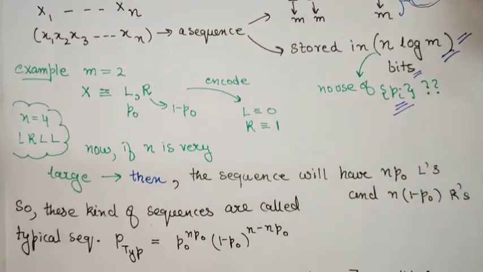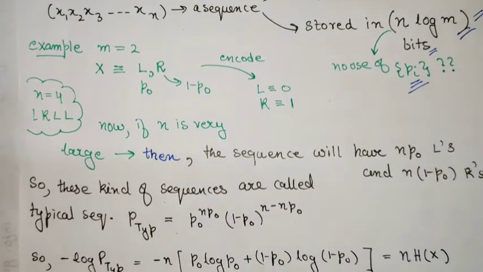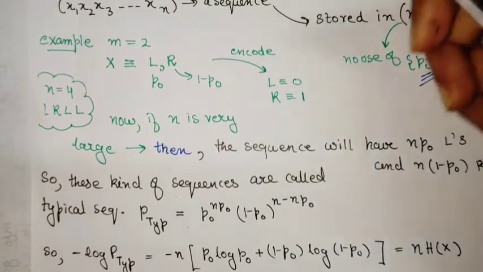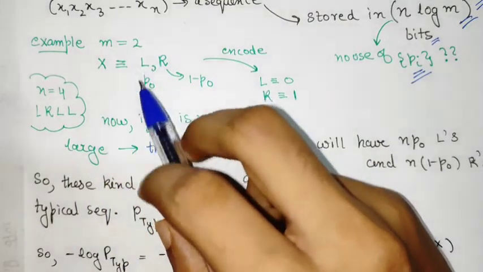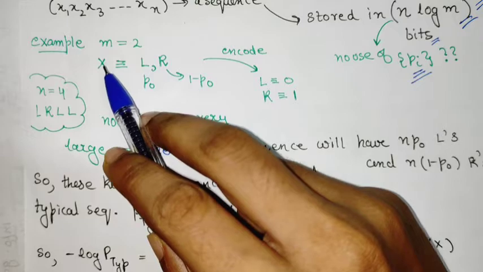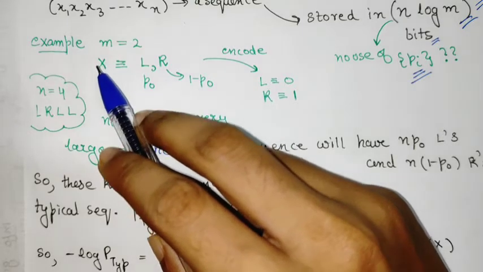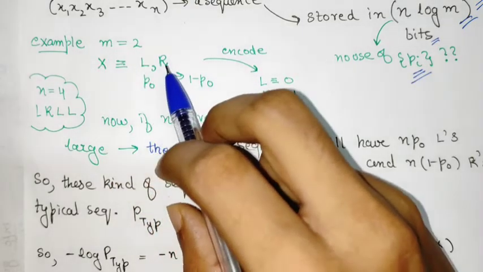So now you can consider an example. Suppose we now think about m equal to 2, and x is the random variable left or right.